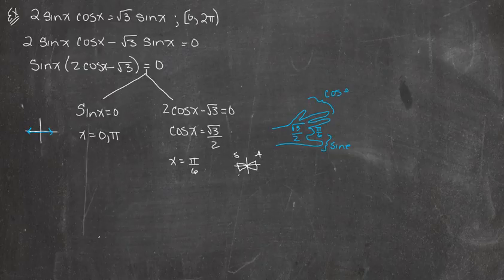So all students take calculus, so pi over 6 and 11 pi over 6. Therefore, my final answer: x equals 0, pi over 6, pi, and 11 pi over 6.